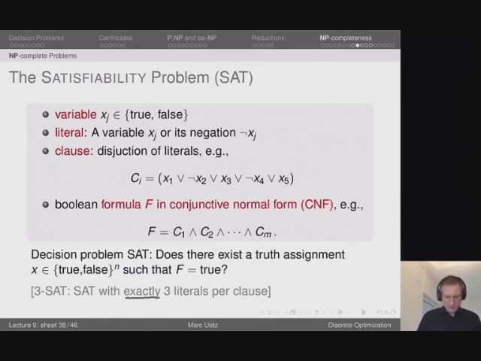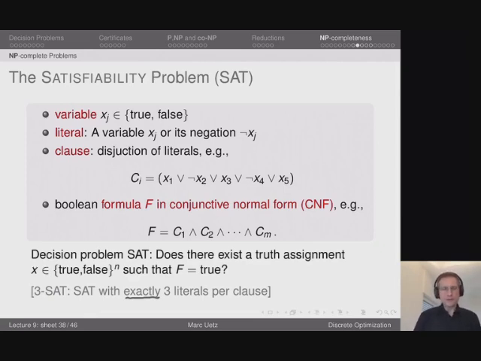All right, so the example that I just showed you was already a very special example, namely that was a satisfiability problem where each of the clauses has exactly 3 literals, and that's known as the 3 satisfiability problem, a special case of the general satisfiability problem.